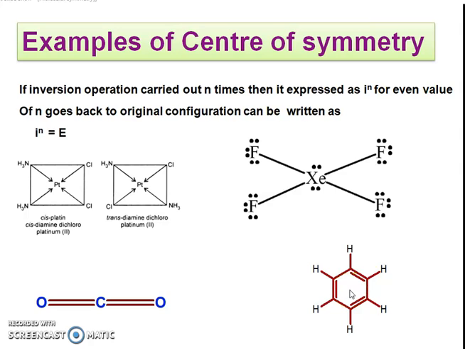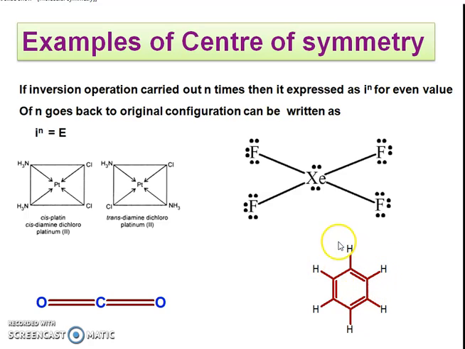Another molecule is the very famous benzene. Benzene also has a center of inversion, because we can draw a line from this point to this point, and the center will be reached. How will you draw the line? Like this: one line here, another here, another here.